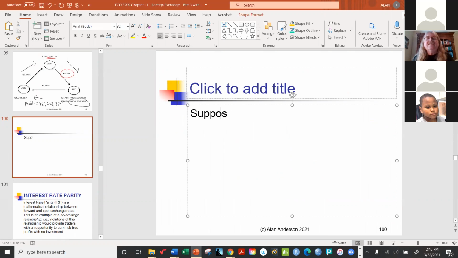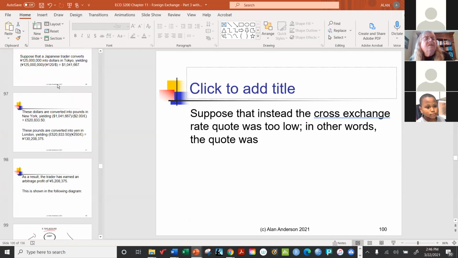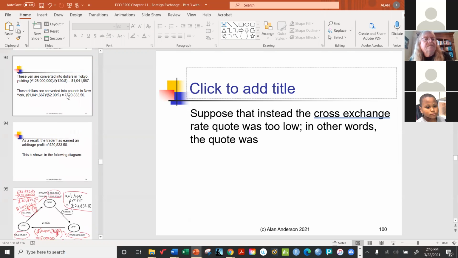Suppose that instead, the cross exchange rate was too low. In other words, the quote was 230. Let me just copy that from somewhere.